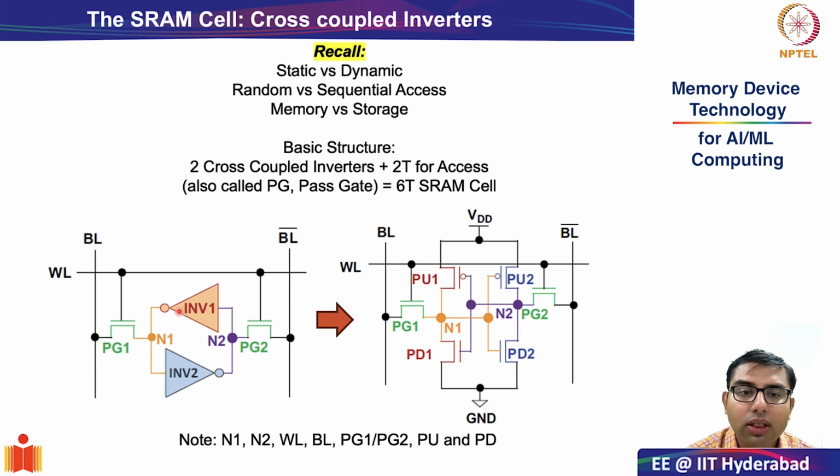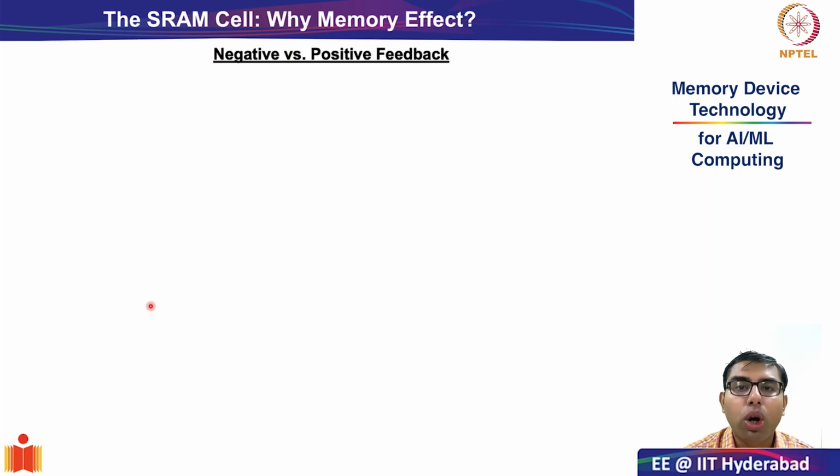And this is where the terminology of cross-coupled inverter comes from. So I hope we have been able to capture or understand what is the basic structure of a 6T SRAM cell. Next, we will go ahead and talk about why is there a memory effect in SRAM cells.